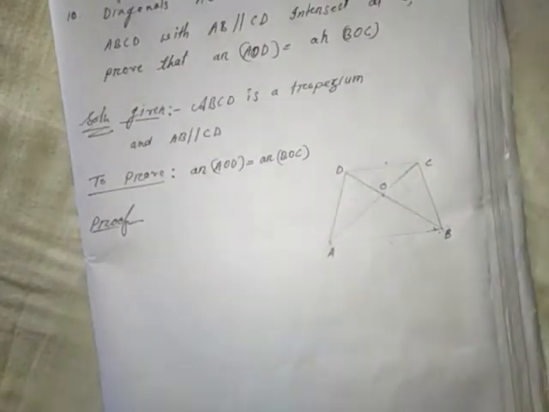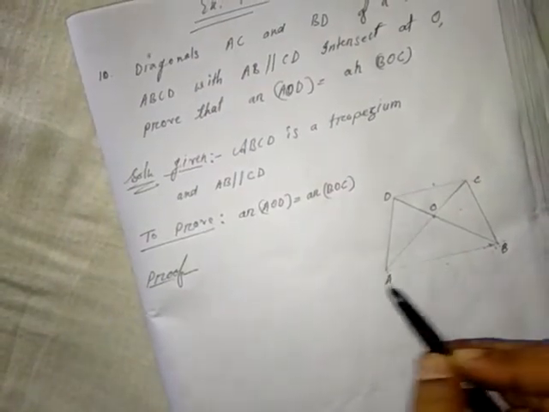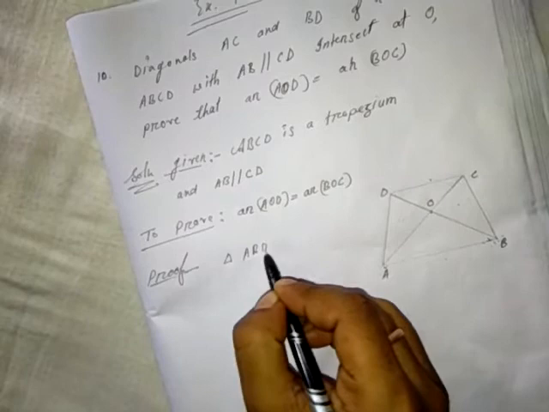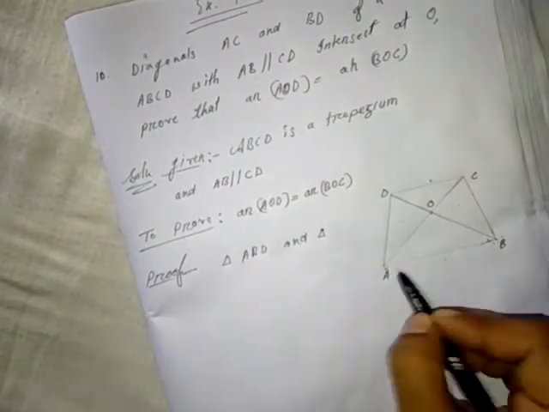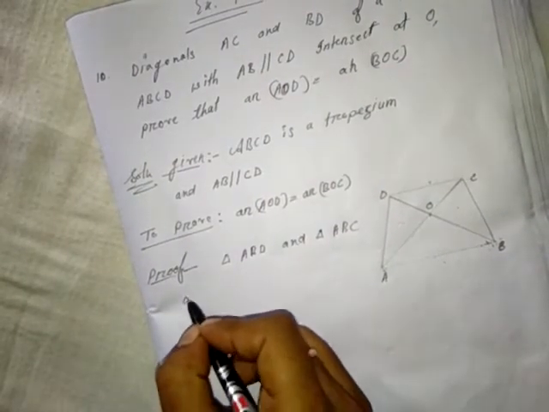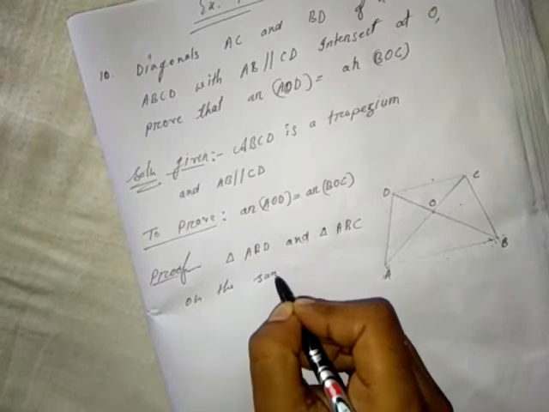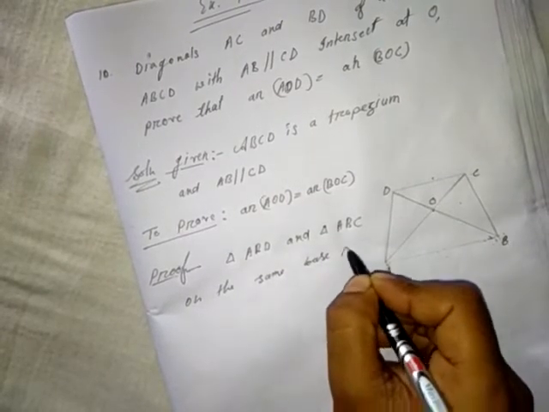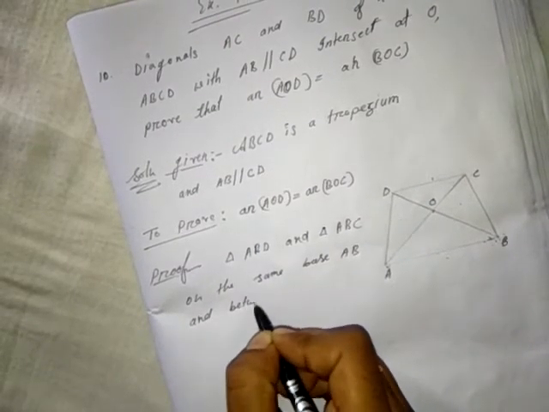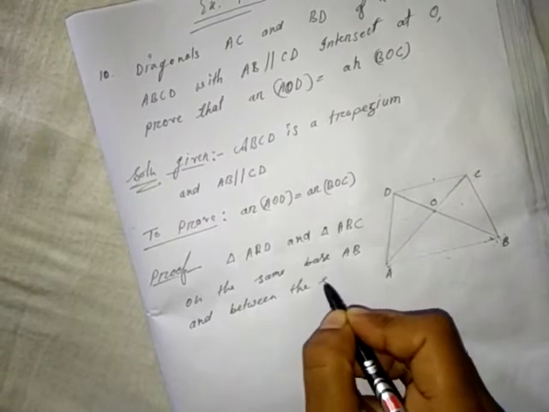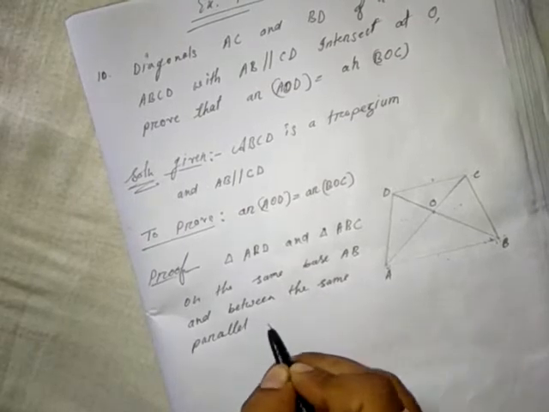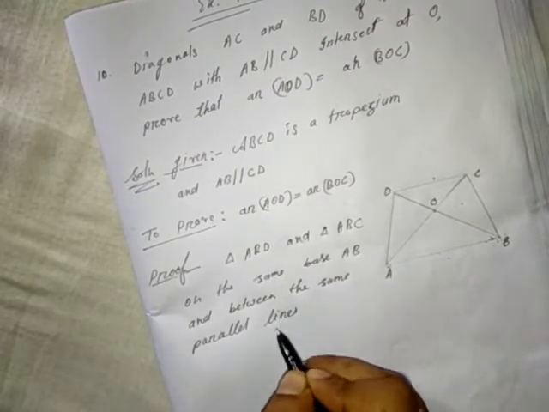Remember it. So first of all we will write the statement: triangle ABD and triangle ABC are on the same base AB and between the same parallel lines.